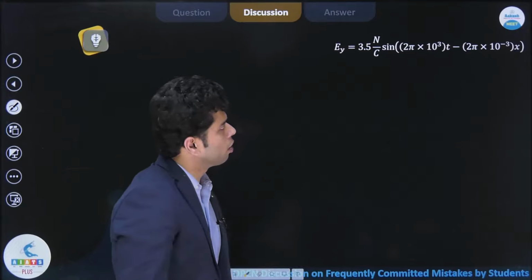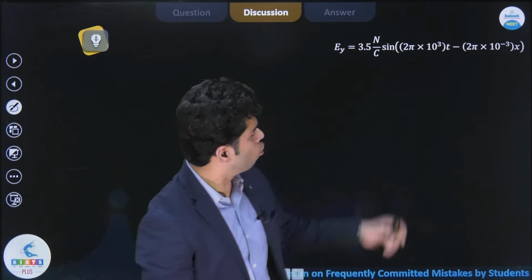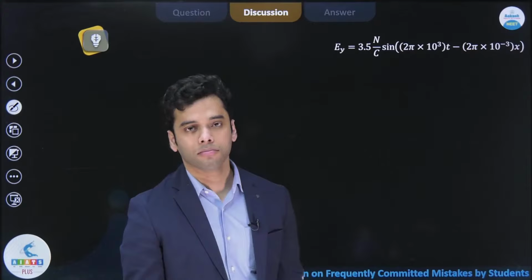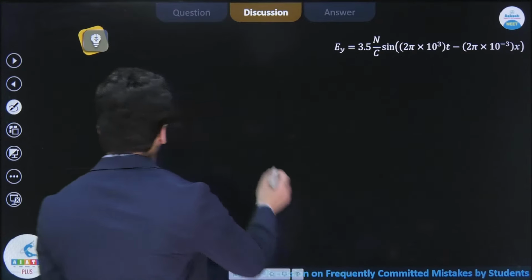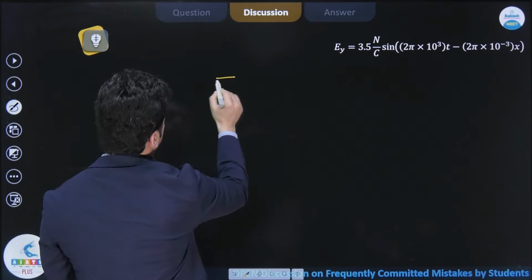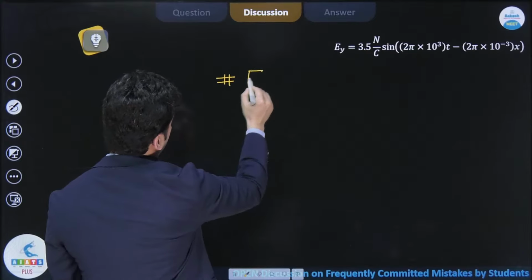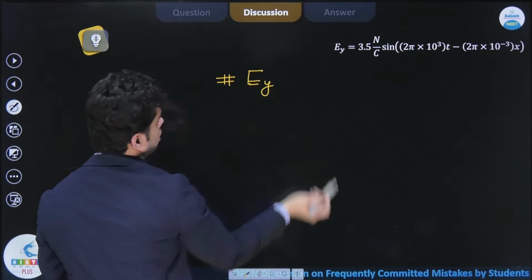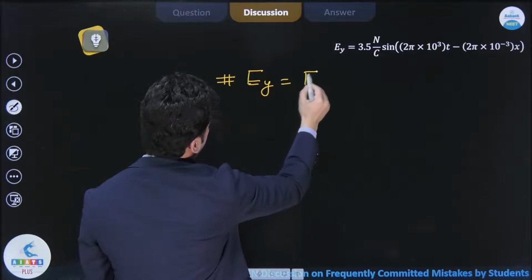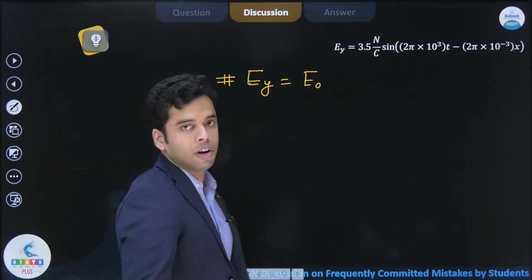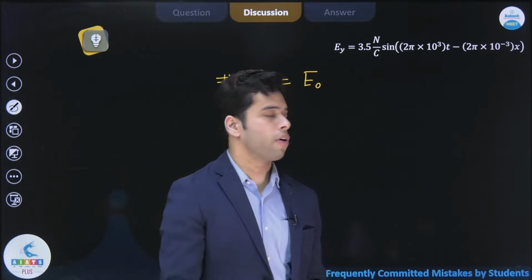So this is the equation that has been given to you. Ey is equal to 3.5 Newton per Coulomb sine 2 pi into 10 raised to the power 3t minus the equation. So let me write out the actual equation. Suppose that I want to write the equation for the electric field associated with an EM wave. I'm taking the electric field along y-axis. मैं ये assume कर रहा हूँ कि electric field y-axis के along ही है.